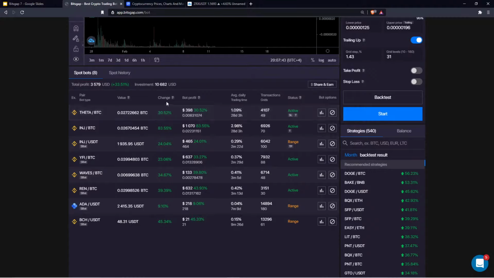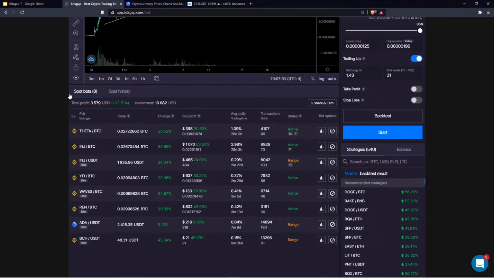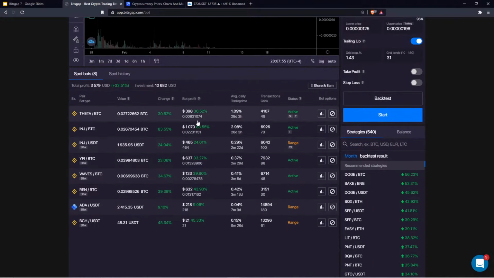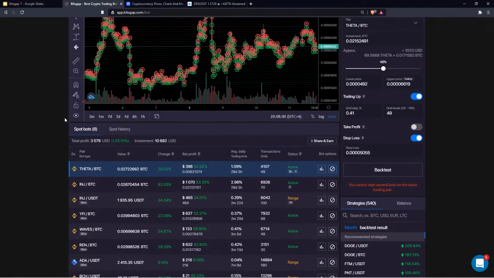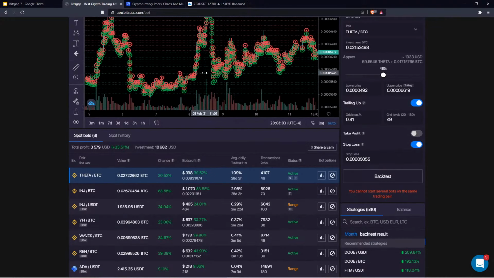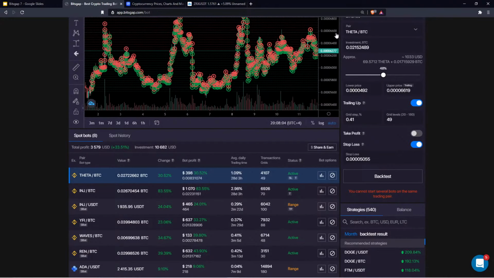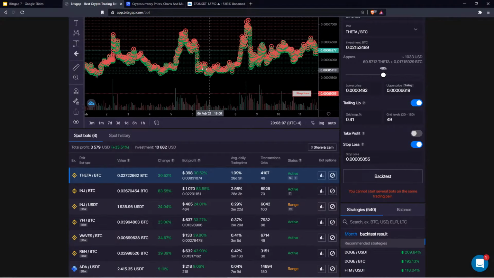That's the key number you are looking at, the key metric for you. You are only interested in this one because it not only takes into account the profit generated by the bot. Let's just click on Theta, for example, and I will show you all the micro trades that it has successfully executed.